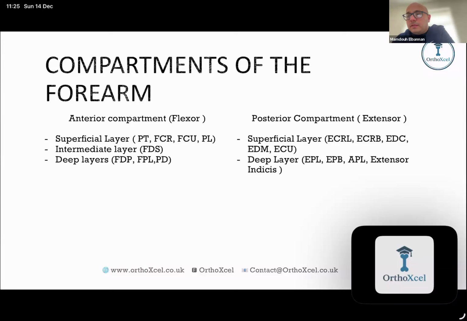The posterior compartment is supplied mainly by the radial nerve and the posterior interosseous nerve. So you have to split it into superficial and deep layers. You need to revise the anatomy in terms of origin and insertion, in addition to function. For example, you may be asked about a patient who had a distal radius fracture managed in a plaster.